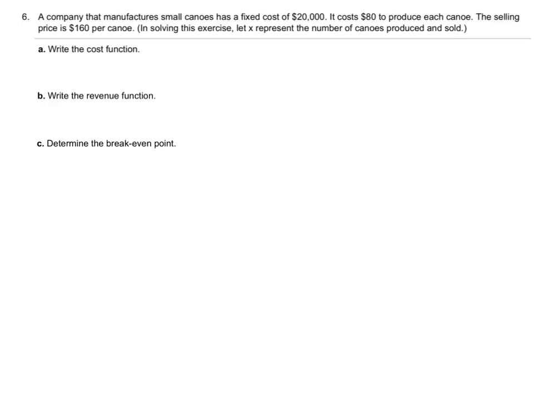Part A asks us to write the cost function. The cost function is given by C of X, and that equals fixed cost plus the cost of the items times the number of items produced.